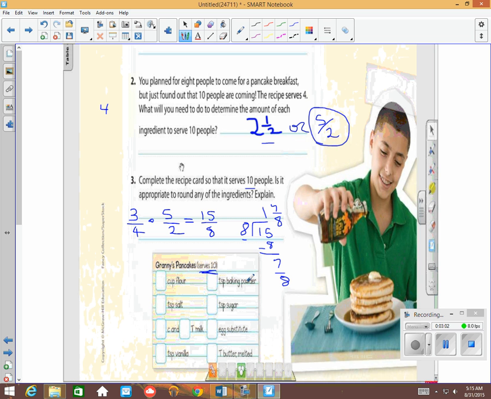The instructions say you can round if it's appropriate to round the ingredients. Here you have 1 and 7/8, and that's the answer. I want you to put the exact answer, it makes it easier. If you were to round 1 and 7/8, how much flour would you put in the recipe that serves 10?